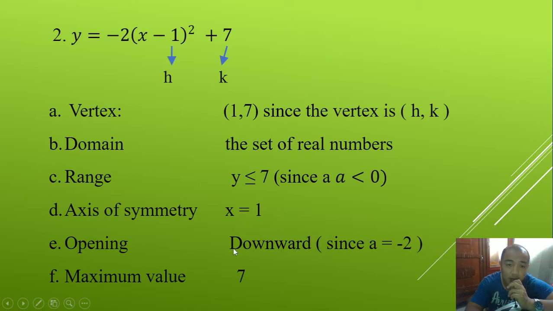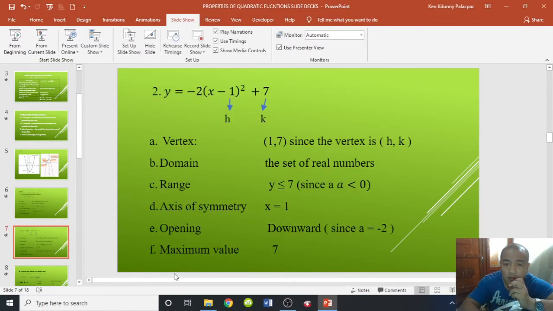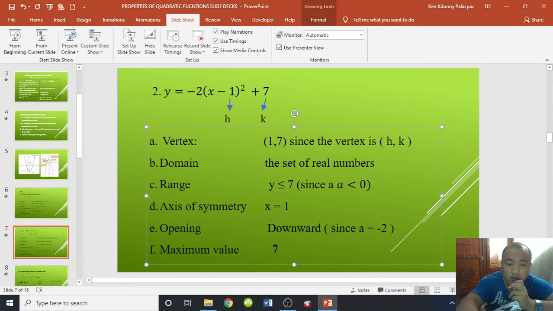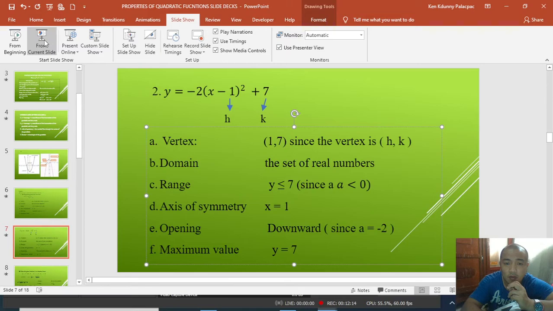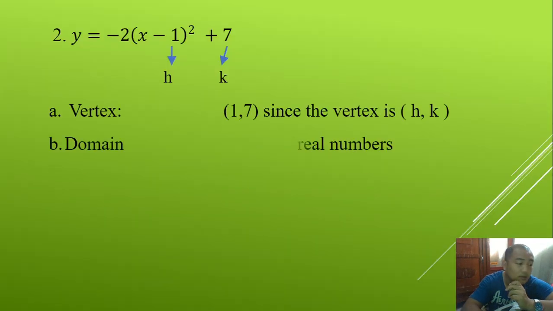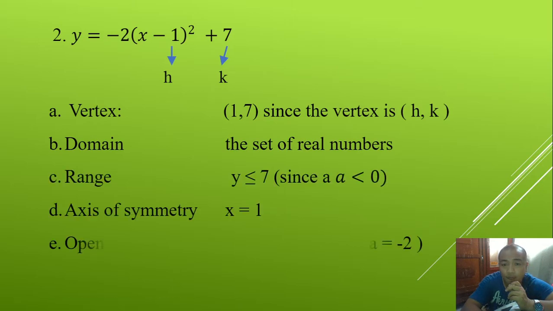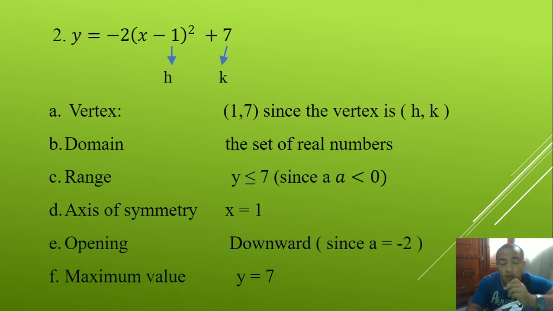So 7. Okay, 7 is accepted, but you can also say y is equal to 7. So in short, the maximum or the minimum value is y is equal to k.